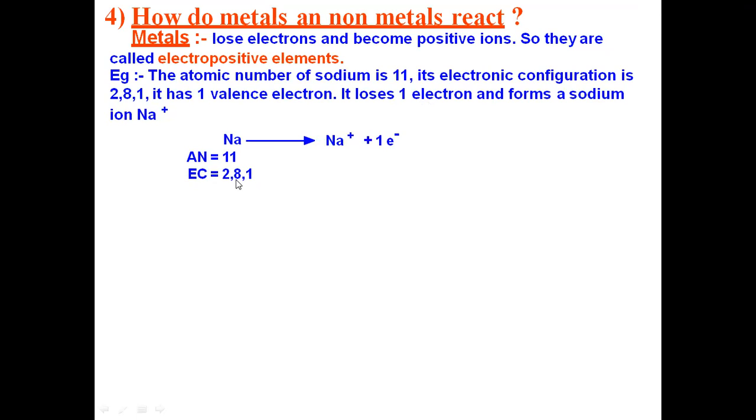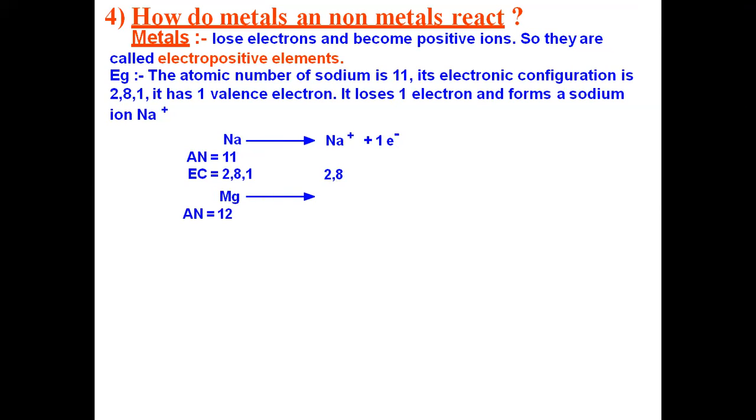If there are 8 electrons present in the outermost shell of any element, that element is extra stable. So in order to attain extra stability, sodium readily loses its electron and becomes Na plus, a positively charged ion. At the same time, we can consider one more example, magnesium.